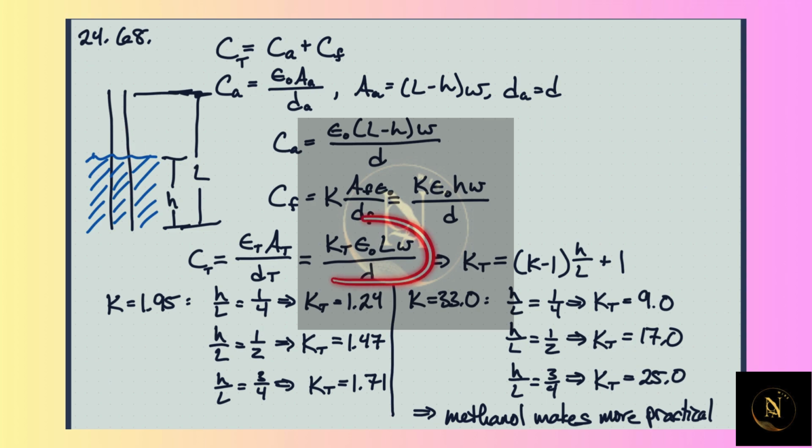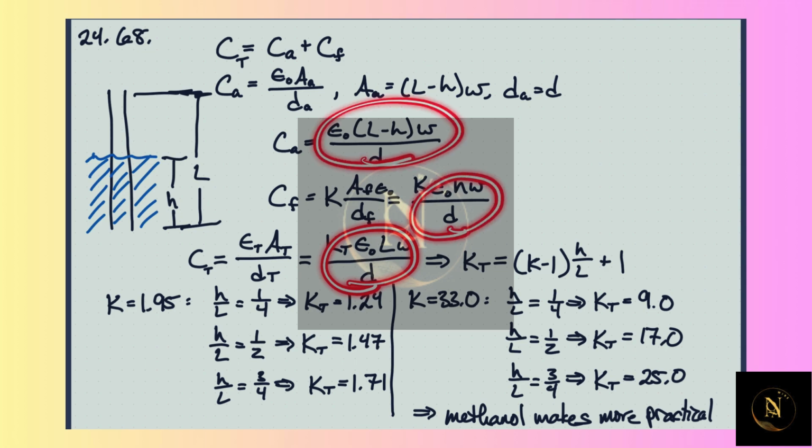So this is the total capacitance, and what we want is the effective dielectric constant of this total capacitor. We know that this must equal this plus this.